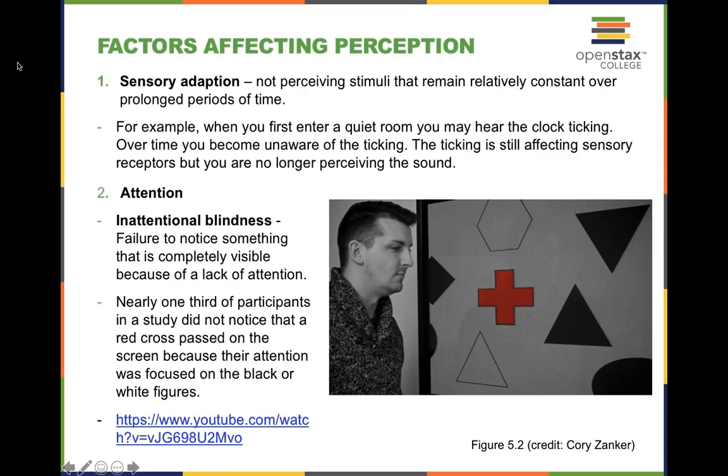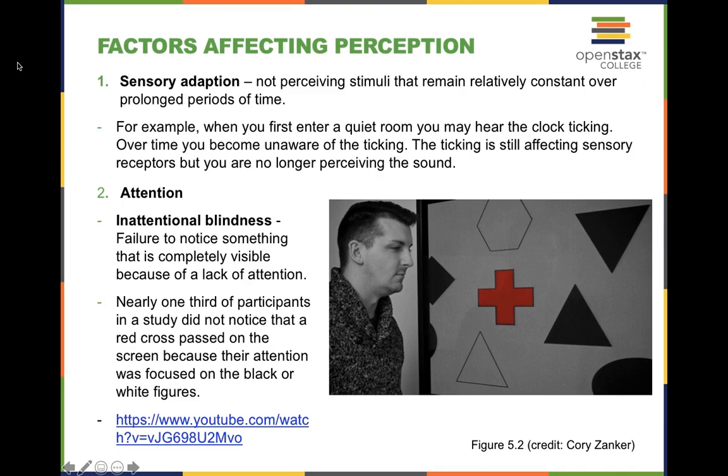Now, let's talk about some factors that affect perception. We've got sensory adaptation as well as inattentional blindness. So, sensory adaptation, I've got a good story about this. This is whenever we don't perceive stimuli because it remains relatively constant over prolonged periods of time. Something that our brain is really good at is filtering out information that it deems as unimportant.